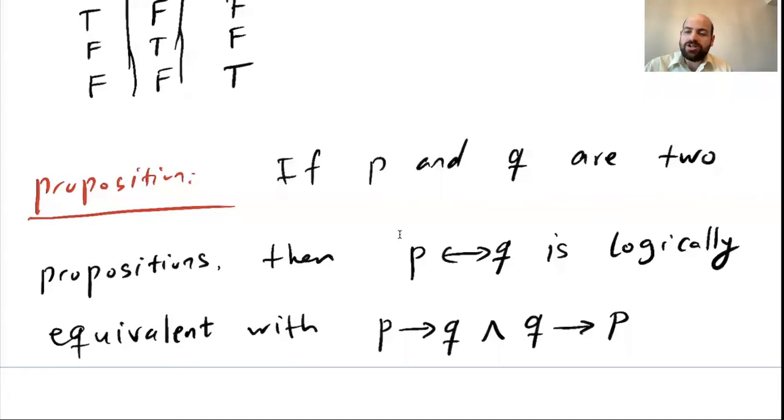If I put a conjunction between two statements, I'm requiring both of them to be true in order for the whole statement to become true. But if I put a disjunction, then I'm requiring at least one of them to be true. But here I'm requiring the statement and the converse, both of them, to be true. So I have to put a conjunction between them. So if the statement and the converse both are true, then the statement is if and only if.